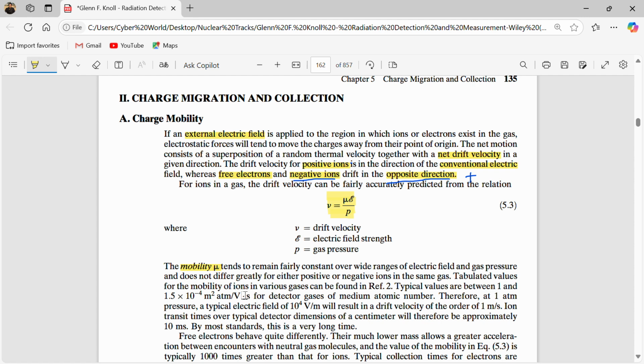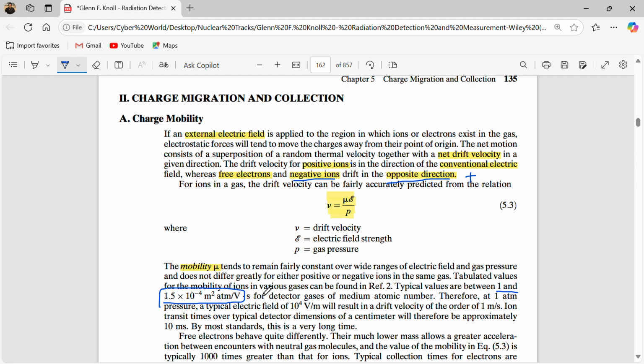A tabular form of the mobility of ions in various gases is given below. Typically, the value of this mobility mu is in the range of 1 to 1.5 times 10 to the power minus 4 meter squared atm per volt second.